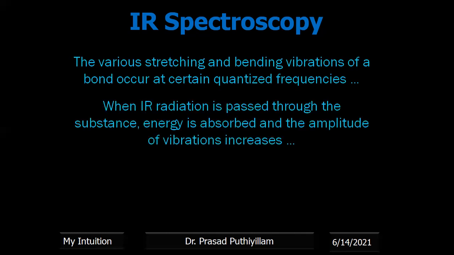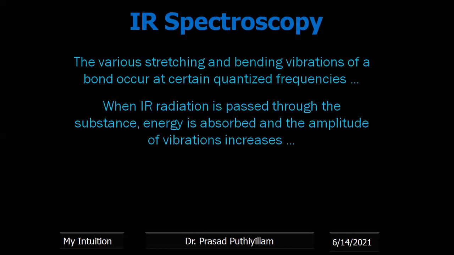Anyhow, in the ground state, a molecule always has certain vibration, which I will explain in a coming video. Even at absolute zero, the vibration is difficult to damp. When IR radiation is passed through the substance, energy is absorbed and the amplitude of vibration increases.